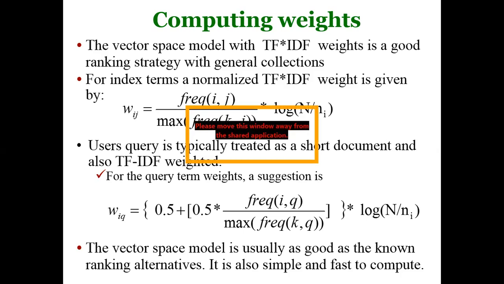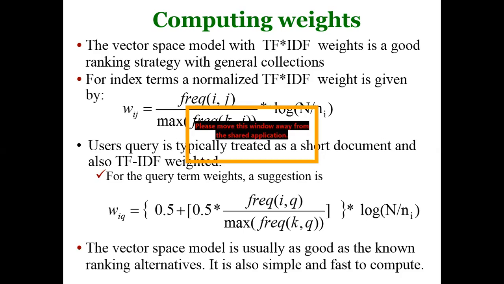Rather than using an inverse relationship, to use a direct relationship to measure the importance of the term, the inverse document frequency will give us a high value for those terms which are relevant. That's why we are using the inverse of document frequency. So when we are calculating TF-IDF, we get the highest value for those terms which are important.